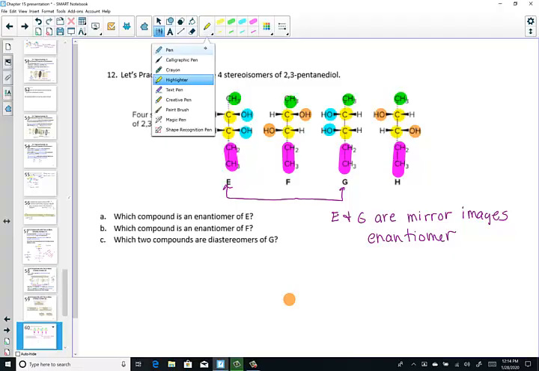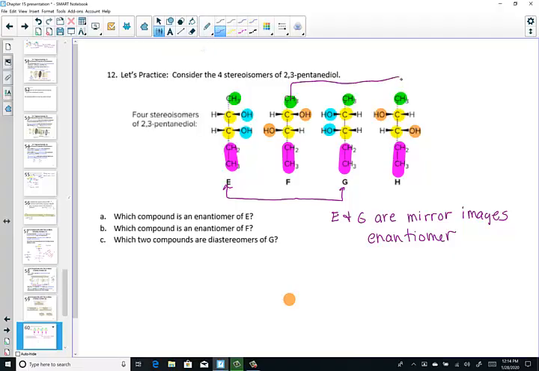Those are mirror images, aren't they? These are also mirror images. They are non-superimposable mirror images from the 2 chiral carbons. Therefore, they are enantiomers. E with G, and F with H are enantiomers.